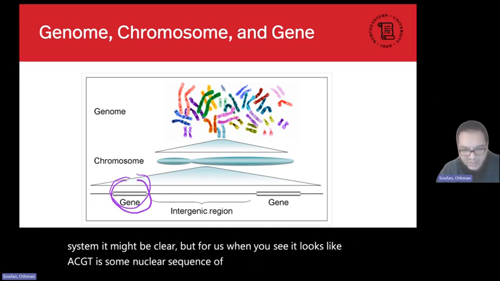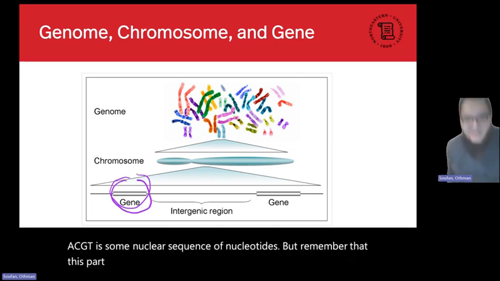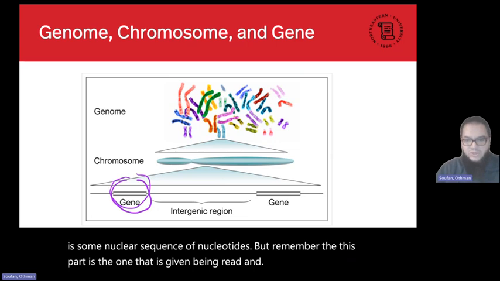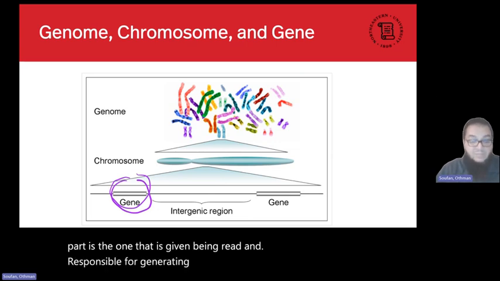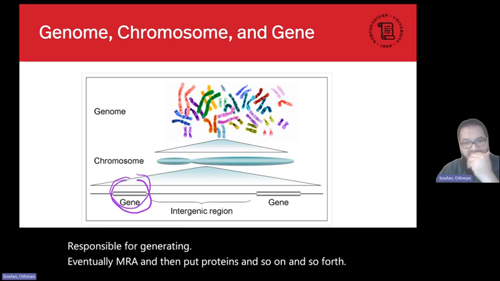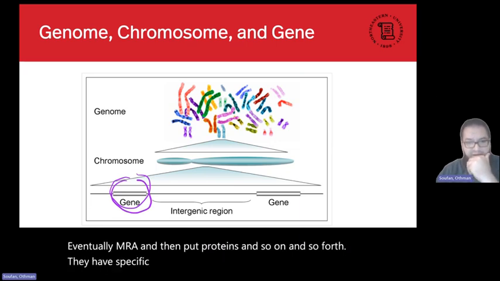But remember, this part is the one that is being read and is responsible for generating eventually mRNA and then proteins and so on and so forth. They have specific functions, and they are located at specific positions.